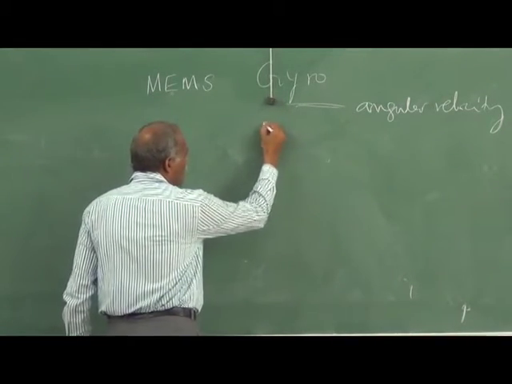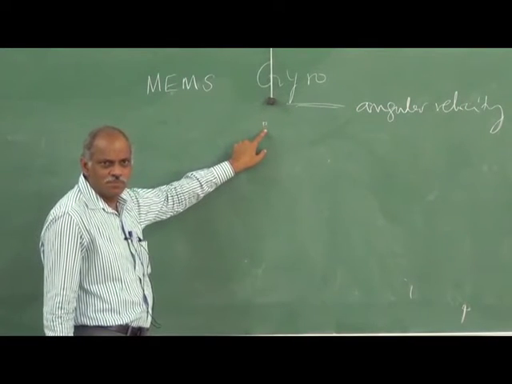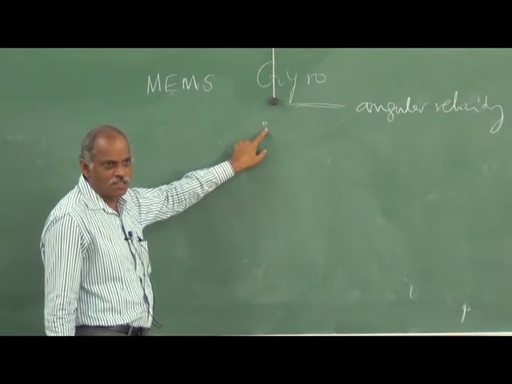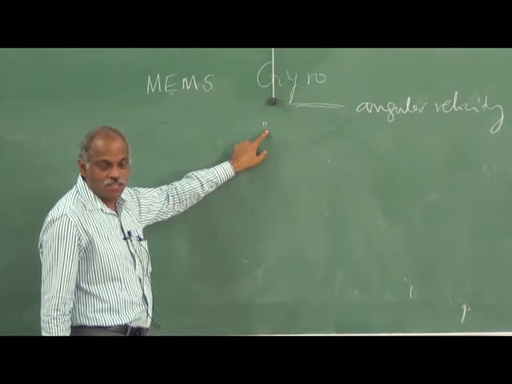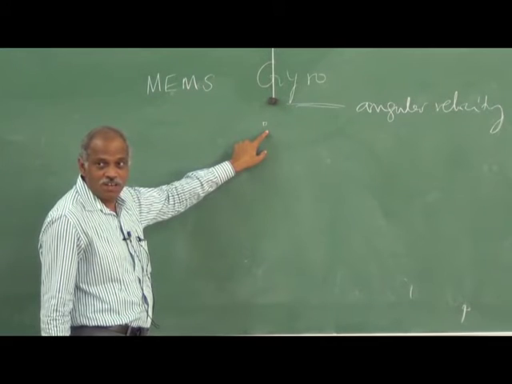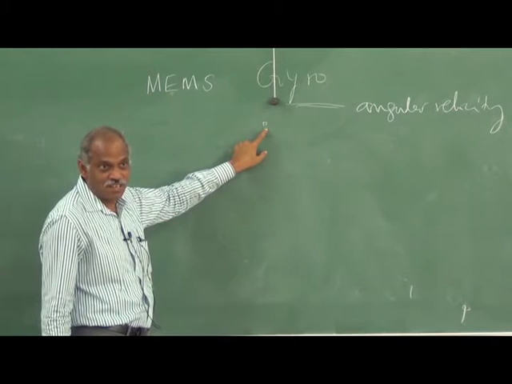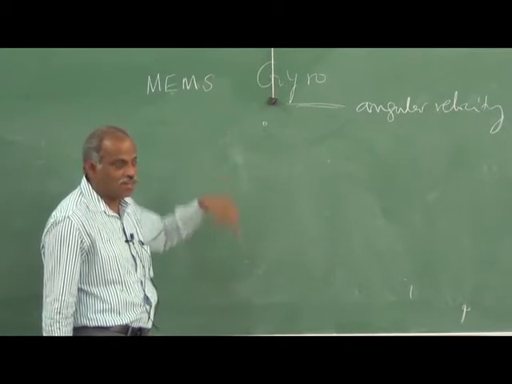If I draw on the board, this is the size of the chip which is used for measuring the angular velocity. This size is sufficient for putting a gyroscope. But this gyro is not the ordinary one. It can measure the angular velocities in 3 axes, not in 1 axis. It can measure the angular rotations, angular velocities in 3 different axes.